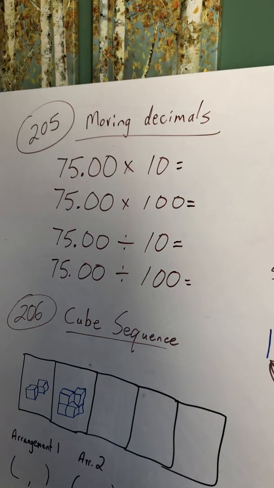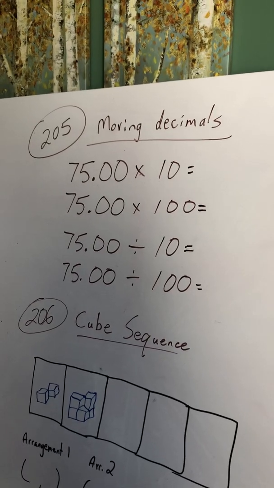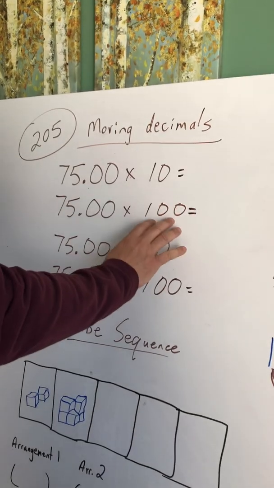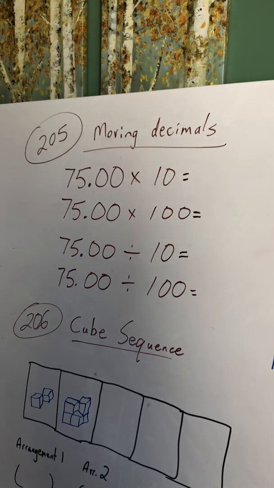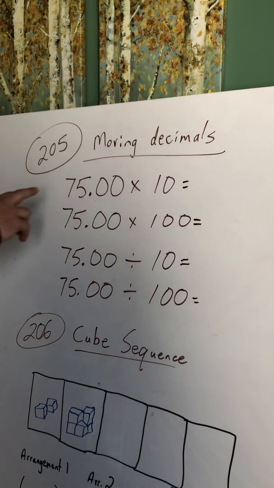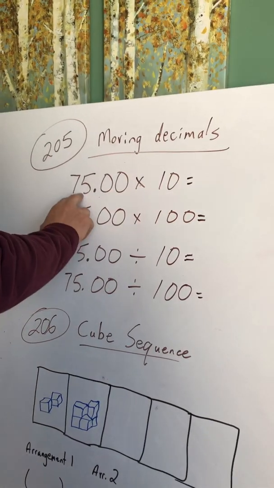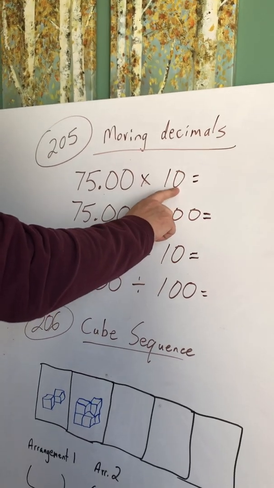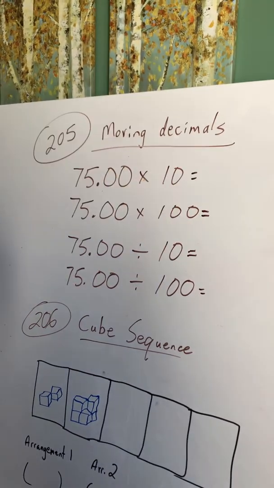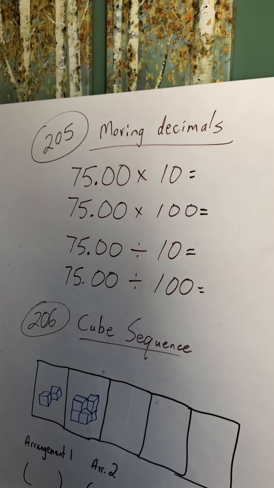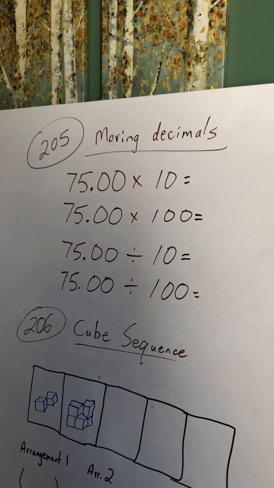But I just want to show you that when you're multiplying by like a 10 or 100 or 1,000, you're just moving a decimal because 75 times 1 stays 75. So 10 is just an extra 0. So I call it moving decimals.